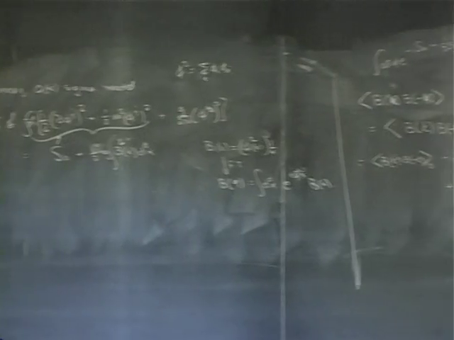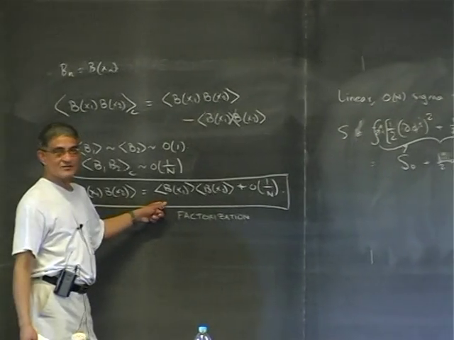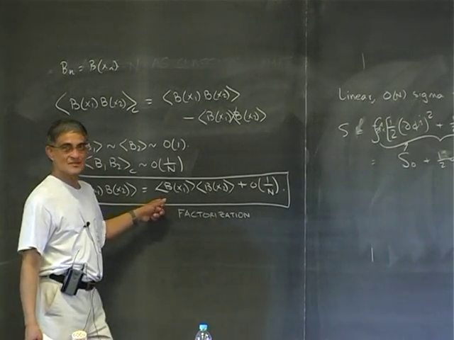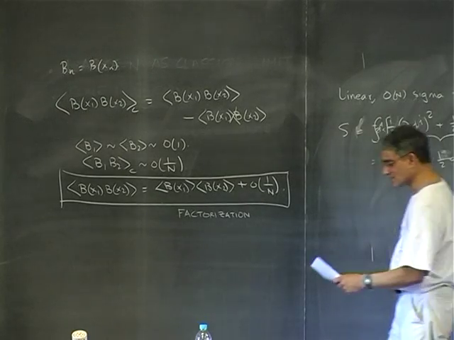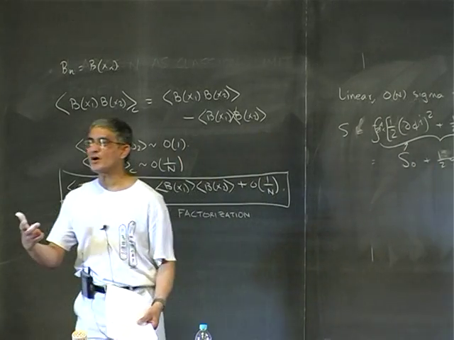But now I know at large n this formula should hold. So therefore, what this means is that this 4-point function can be cleverly factorized into 2-point functions.